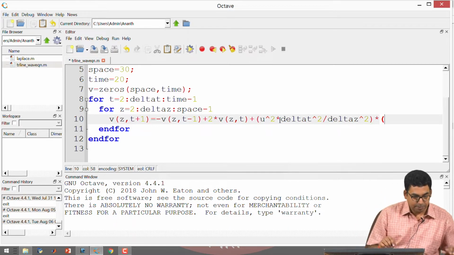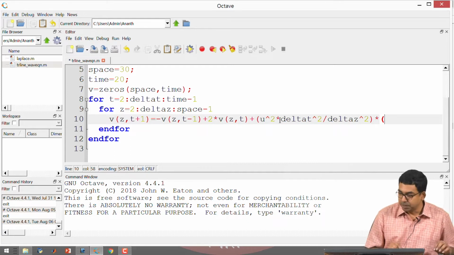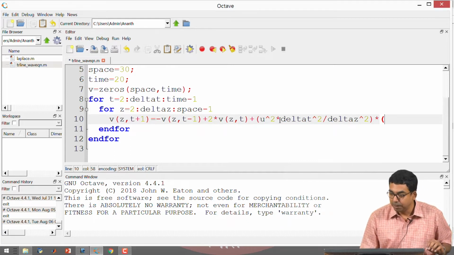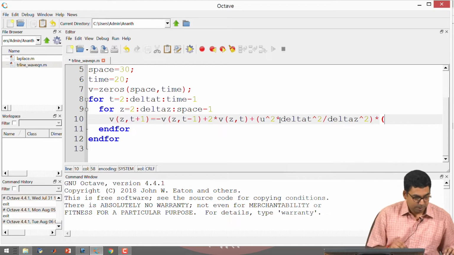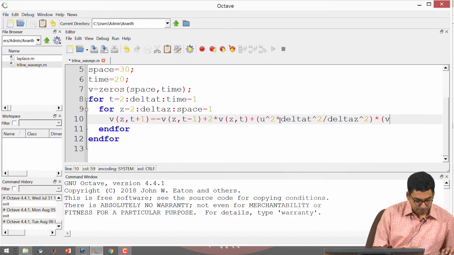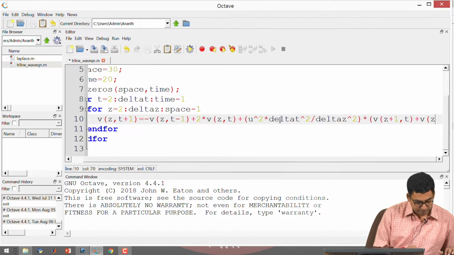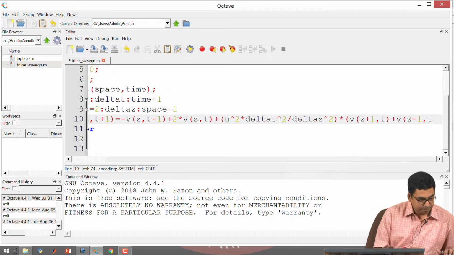and I have some terms inside the curly braces what we have written, right. So, I will go ahead and do this as V of z plus 1 comma t plus V of z minus 1 comma t.